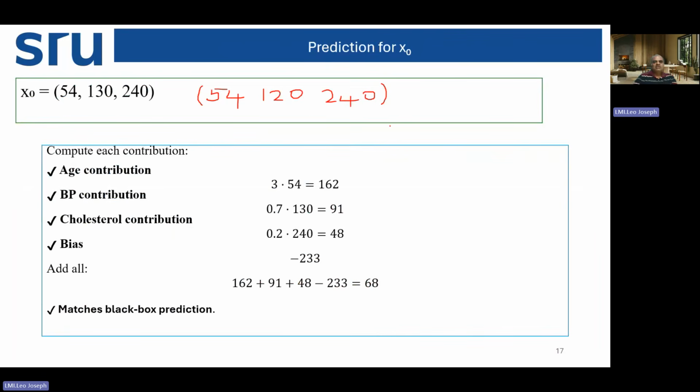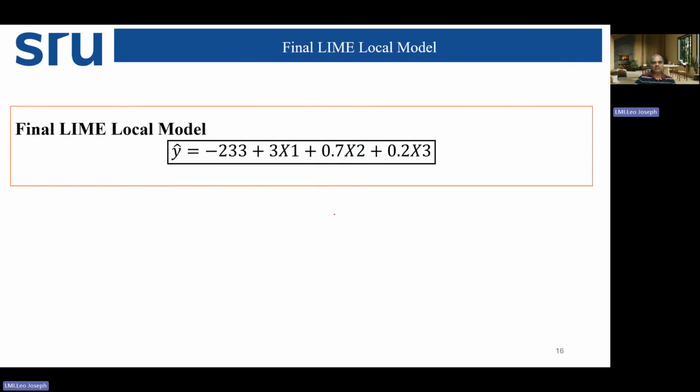Okay. So what we are doing, first we will calculate the weight bias. Then we will come here. Okay, 54, 120, 240.